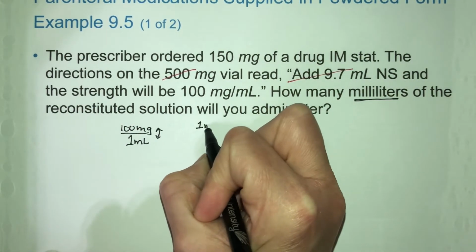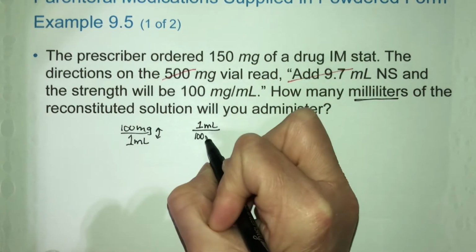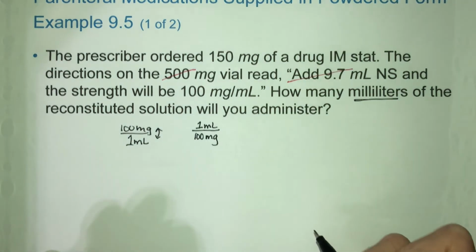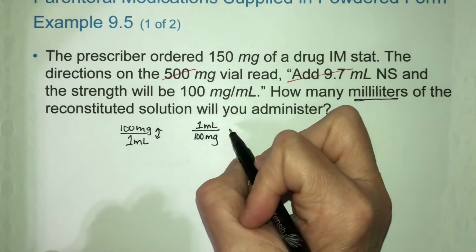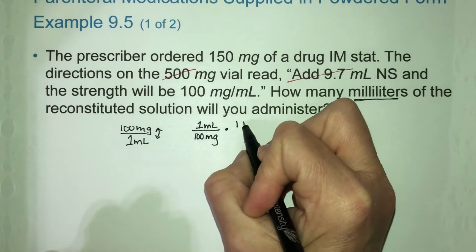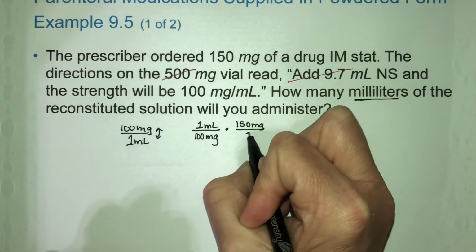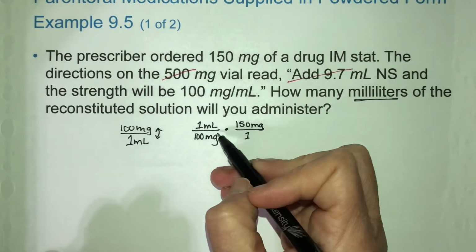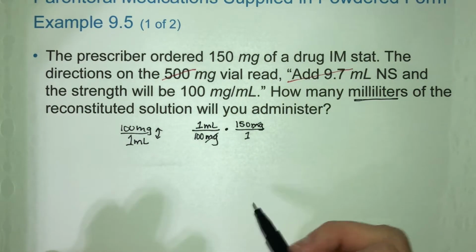I have 1 milliliter over 100 milligrams. Okay, I want to end up with 150 milligrams of the drug. So I'm going to multiply this. I want my milligrams to cancel out, so 150 goes on the top. Put this over a 1. Your milligrams cancel out. You're left with milliliters.